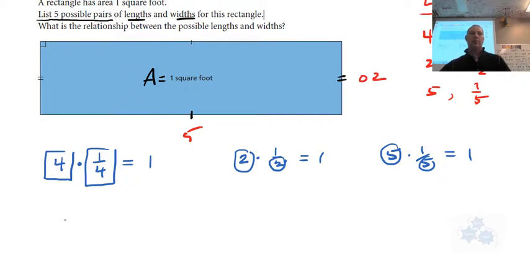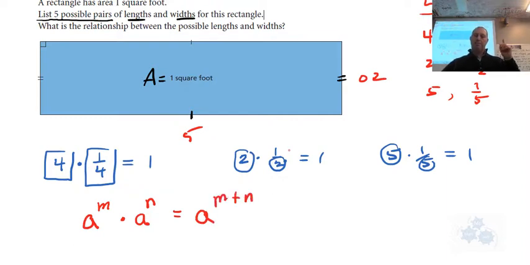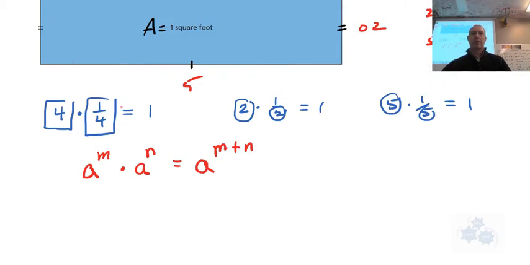So what happens, let me change colors again, what happens when we have a to the m times a to the n? What's the exponent law there? What is it, a to the power of what? M plus n. Okay. So here's my question. If I take this number 4 to be this one, how can I write this in a power form?